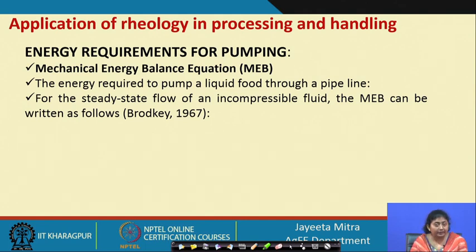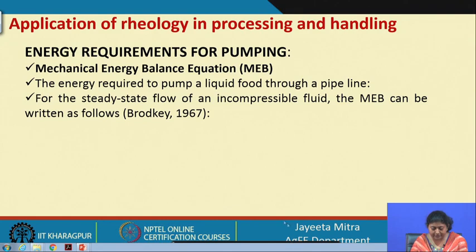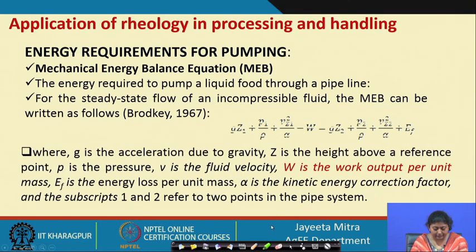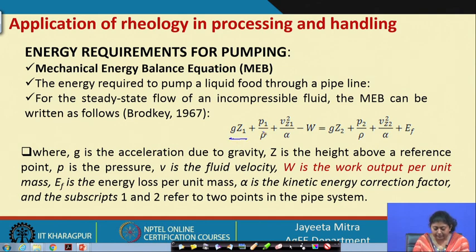So, the mechanical energy balance equation can be written as g Z1 plus P1 by rho plus V1 square by alpha minus W, that is equal to g Z2 plus P2 by rho plus V2 square by alpha plus EF.